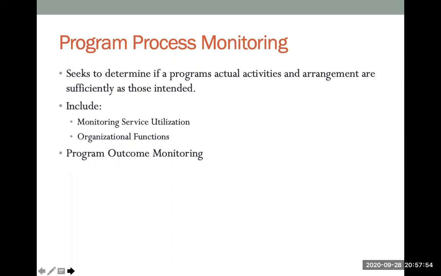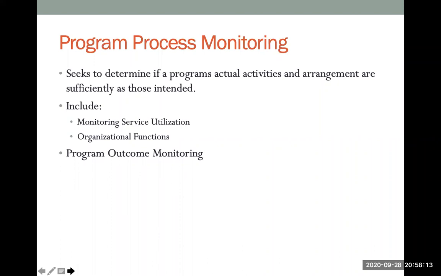And so we're monitoring the service utilization, but we're also monitoring some of the organizational functions and program outcome monitoring. That is, do we see changes already that are occurring for participants because they're participating in the program? So we're collecting data at that point.